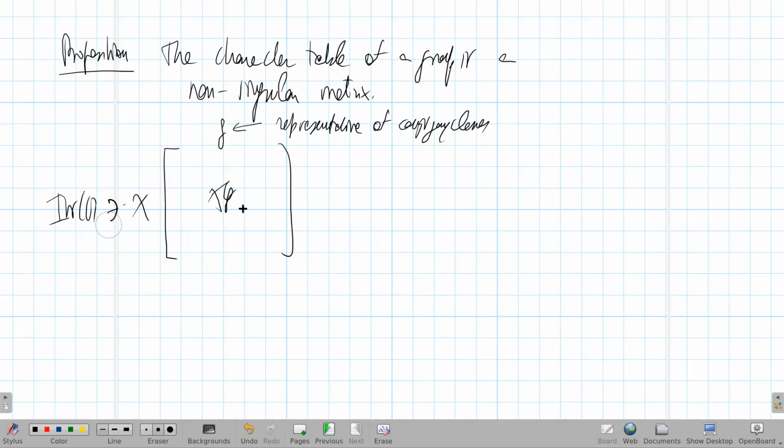And so at the intersection of the row labeled chi and the column labeled g, you have chi of g. And recall that this is a square matrix, because the number of irreducible characters equals the number of conjugacy classes. We recall where this comes from, because this is the application we have in mind. So I want to prove that this character table is non-singular.